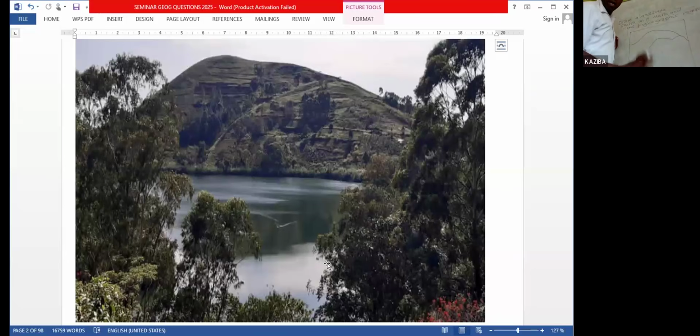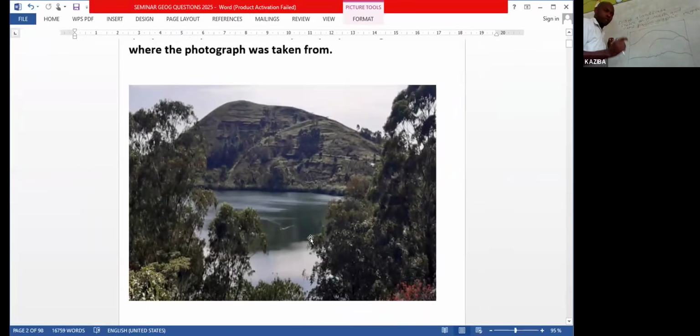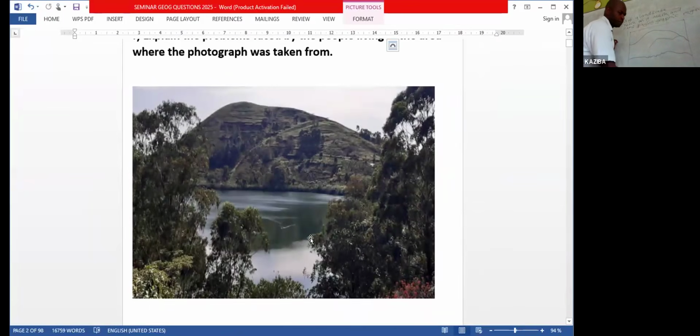So if they say mark and name physiographic regions. Of course, we have a water body which behaves like this. And you have a tree here.